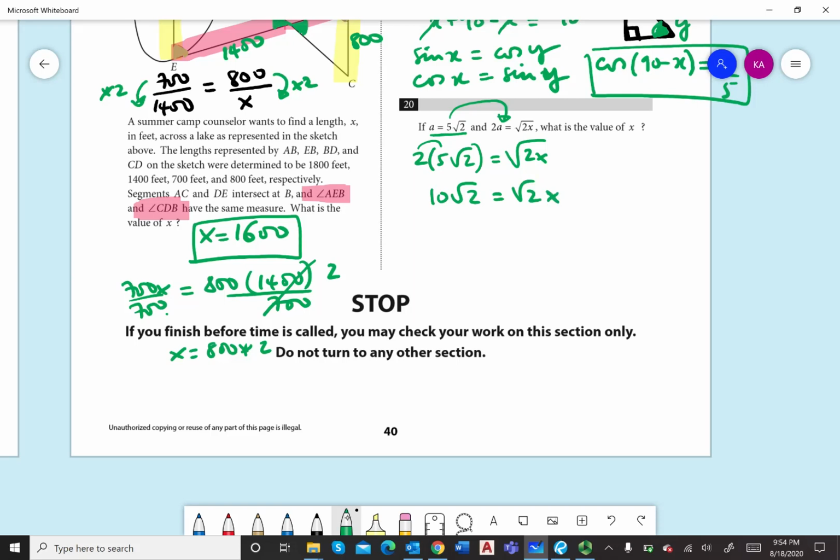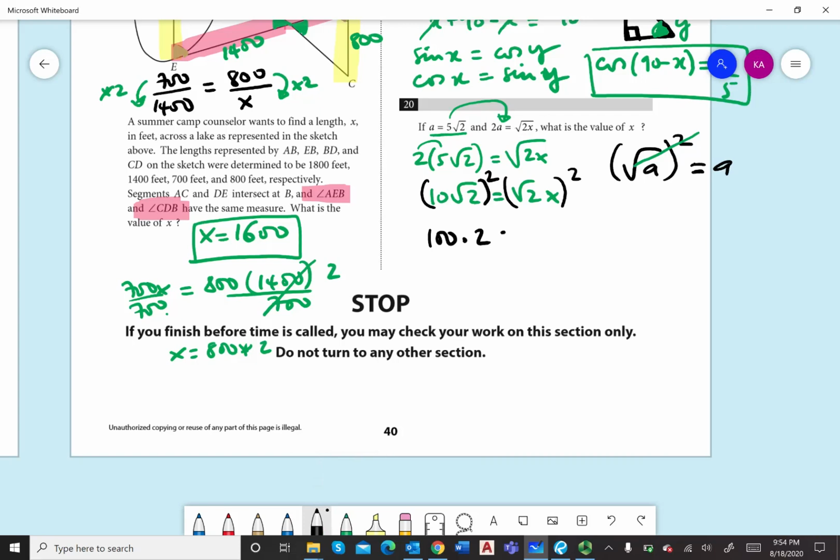Okay, one way to get rid of square root is to square them. So I can just square everything. Then I get 100, and then the square root of 2 squared is 2. Okay, so if I do square root of a squared, it's just a, because the square root and the square would cancel themselves out.